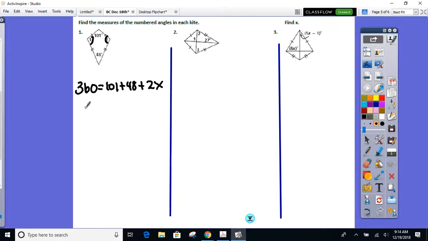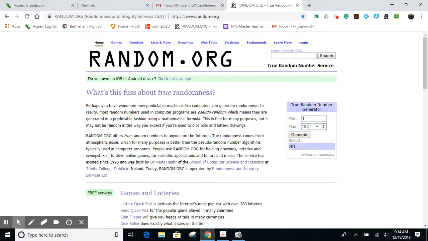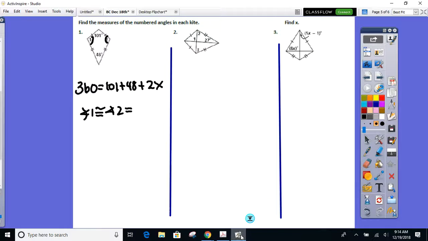Okay, let's keep it going. So angle 1 is congruent to angle 2. What do we end up with here? Yep, it's going to be a decimal here, I know. What do you got for me? 2.4?